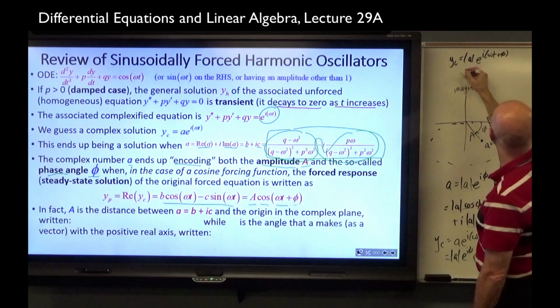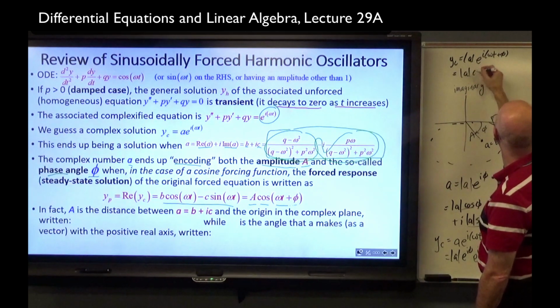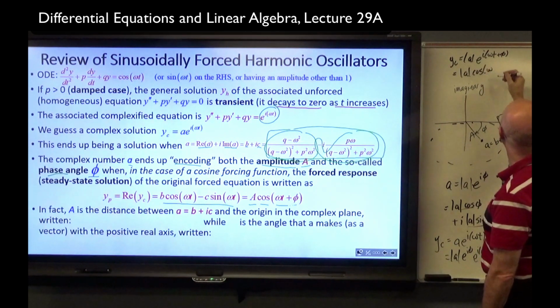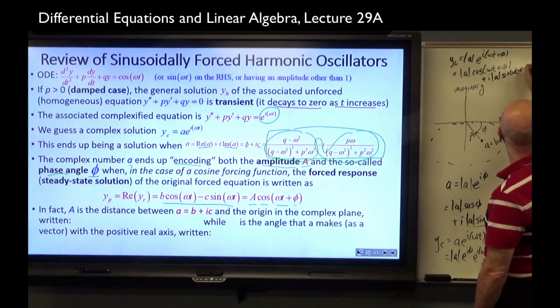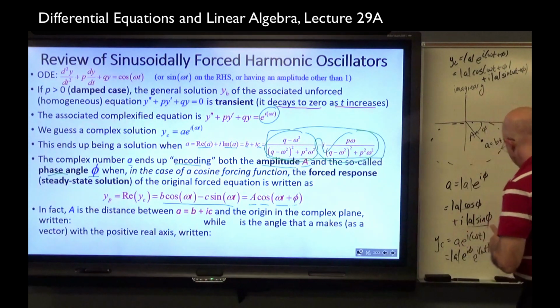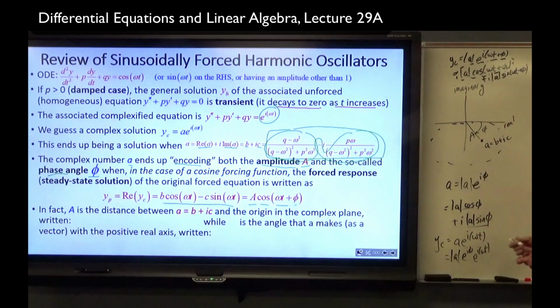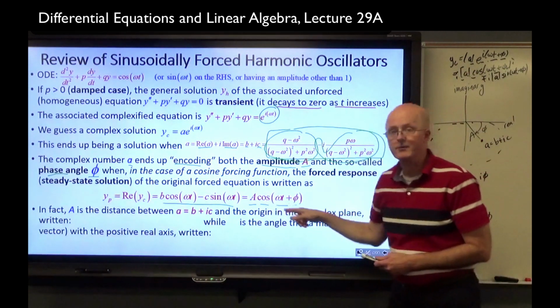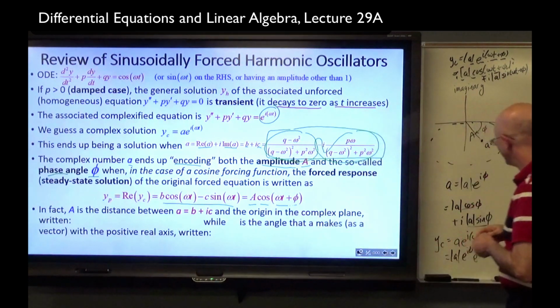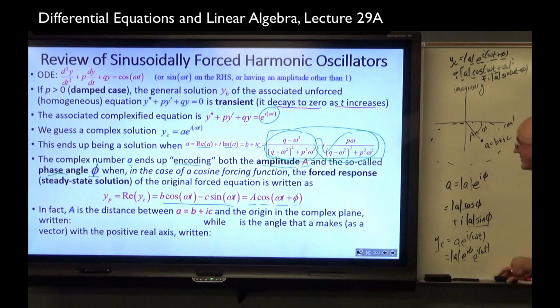And if you use Euler's identity once again, you get the absolute value of A, cosine omega t plus phi, plus I times the absolute value of A, sine omega t plus phi. And the real part of that, well, it's not too hard to see here, is this thing right there. That's why we can write it this way. One verification of that. You could also use trigonometric identities to verify it, but it's more fun to do it with the complex numbers.